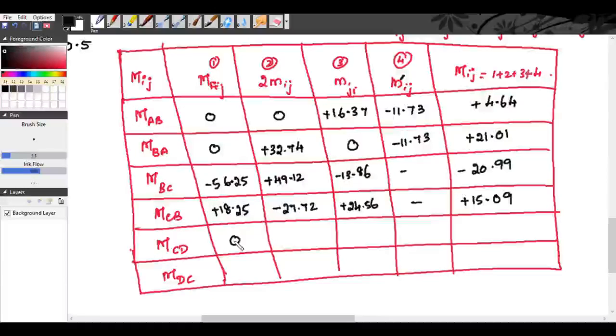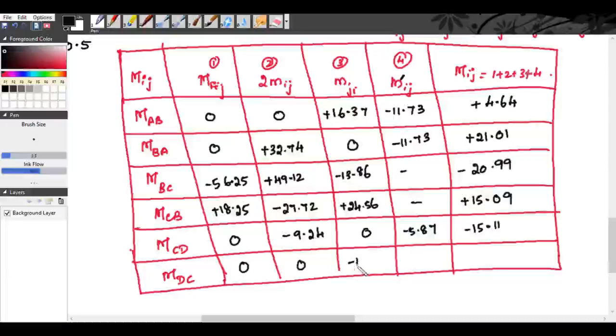MCD, MF of CD is 0. 2MCD is minus 9.24. MDC is 0. M dash CD is minus 5.87. We get minus 15.11. Now MDC, MFDC is 0. 2MDC is 0.